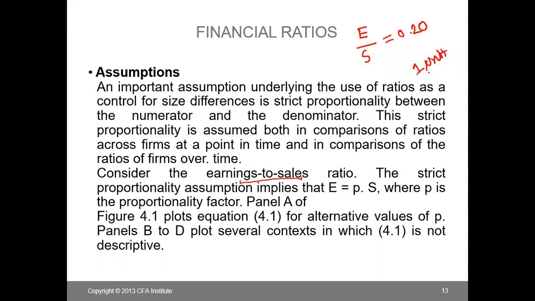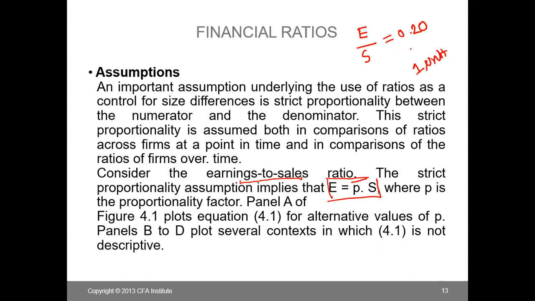Here we have used a simple model where earnings is directly proportional to sales, and the proportionality factor comes from earnings over sales. So the ratio being used indicates a proportionality factor in this kind of relation.